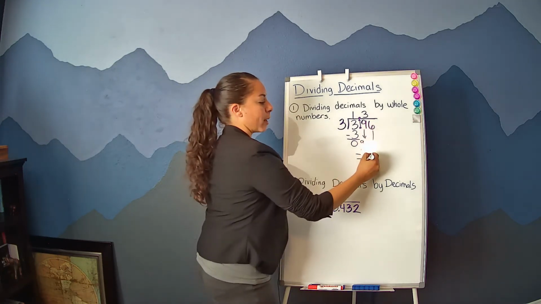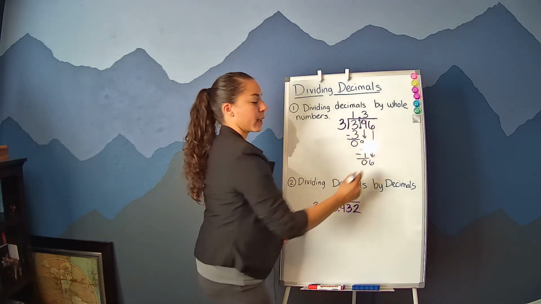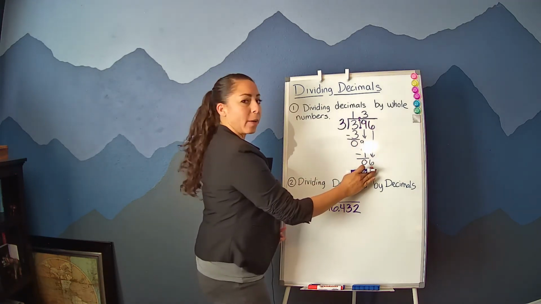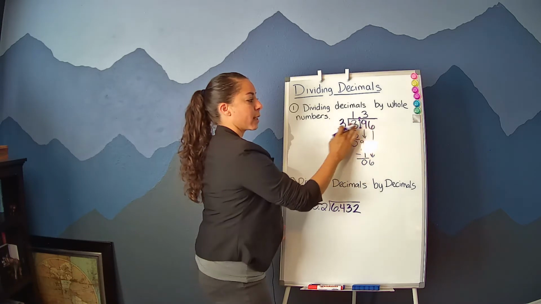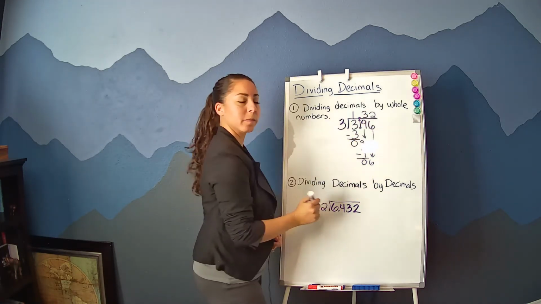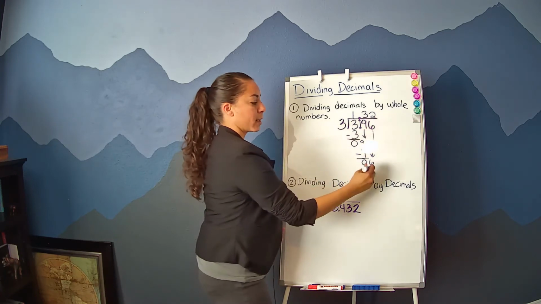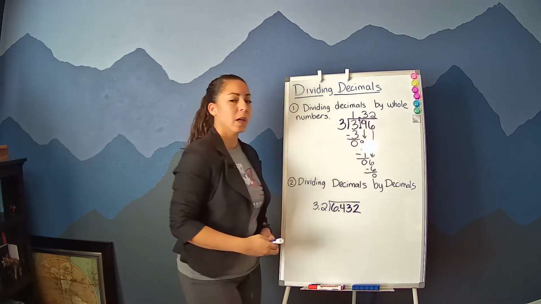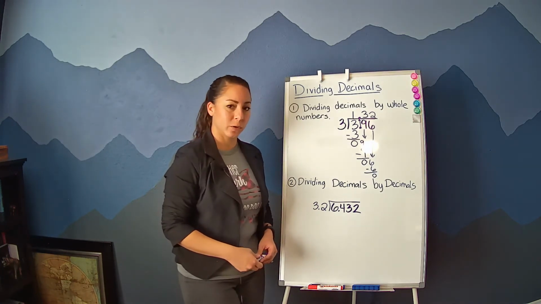Then you're going to drop down the next number, and we're going to put a 6 here. 3 goes into 6 how many times, right? Because you're doing now 6 divided by 3. That goes in there 2 times, because 2 times 3 is 6. And I write that there and subtract. I do not have any remainders.